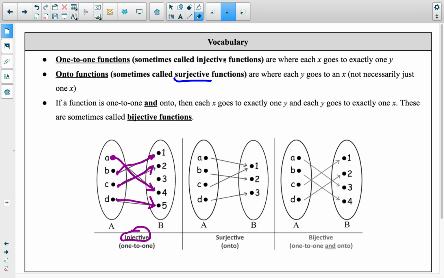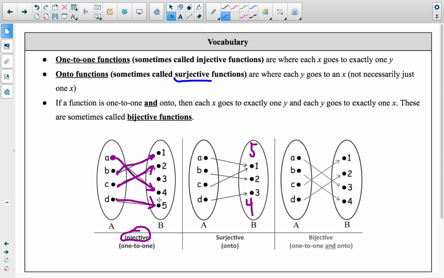The only time we would see a function that is not onto is if we had some random element, say a 4 or a 5 in this range, and there are no arrows going to 4 or 5. This function would not be onto because it has some extra elements floating around in the range that do not have a domain element mapped to them.